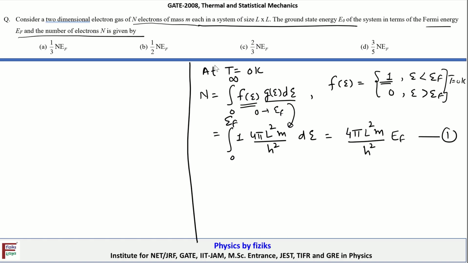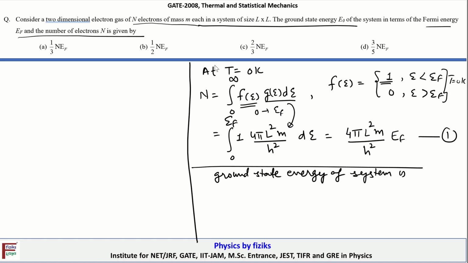Now we will obtain the expression for the ground state energy of the system. The ground state energy of the system is given by, let's say, E0, and that is the integral from 0 to Ef of the energy multiplied by the probability distribution function and the density of states GE dE.